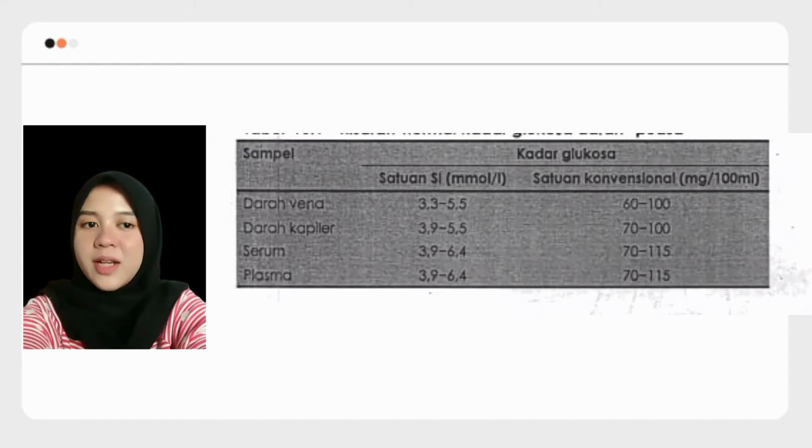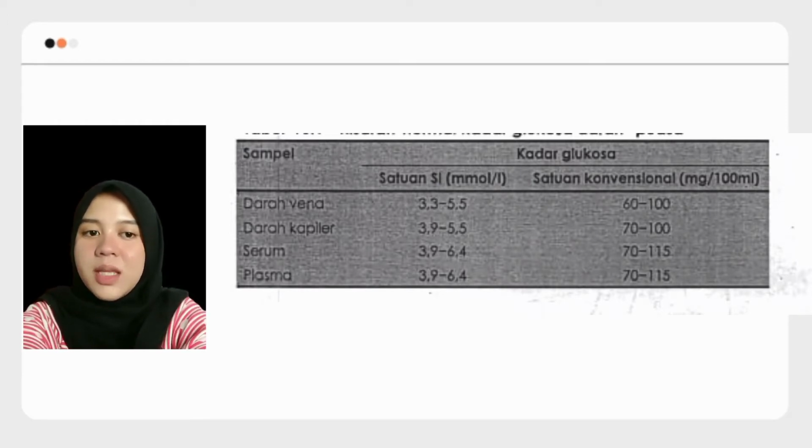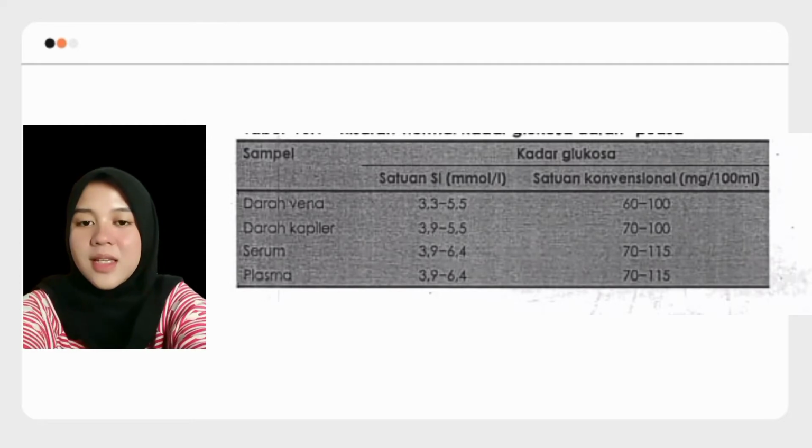The normal range of fasting blood glucose levels can be seen in the following table. 1. In venous blood samples, glucose level in SI units is 3.3 to 5.5 millimoles per liter, and in conventional units is 60 to 100 milligrams per 100 milliliters. 2.